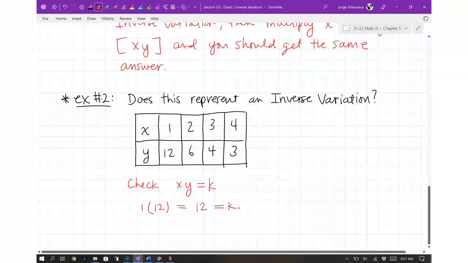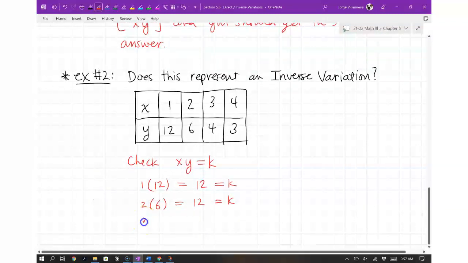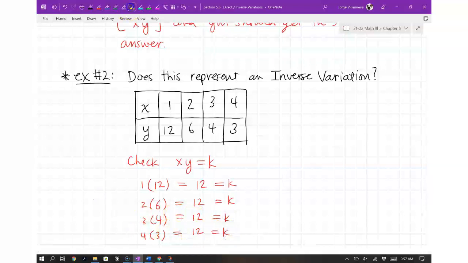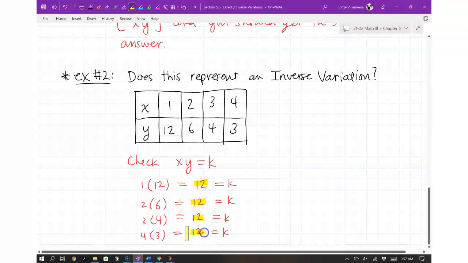So that's my k value. 2 times 6, that's also 12. 3 times 4, also 12. 4 times 3, also 12. So notice all my multiplications came out to the exact same thing.